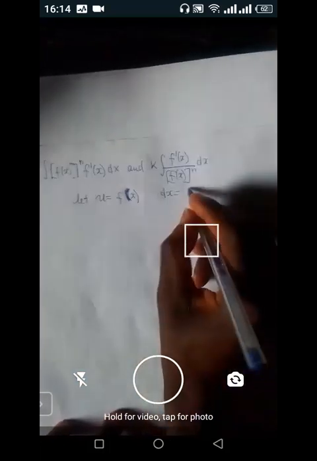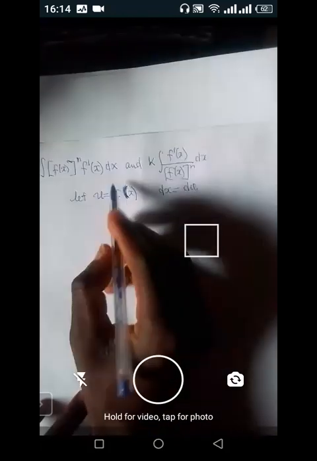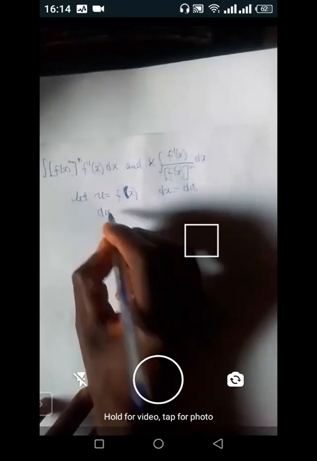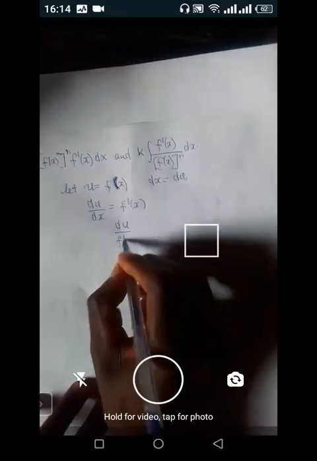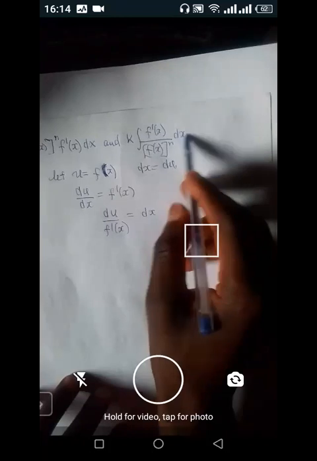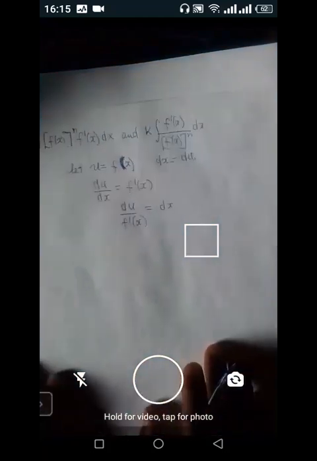So you need to find du. Then dx is equal to du over f prime of x. So you substitute the dx with this one. There you see everything will become easy, and then you do the integration.